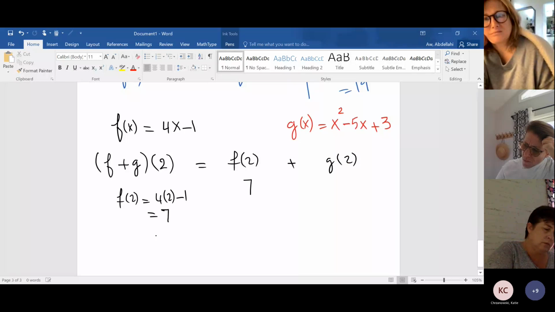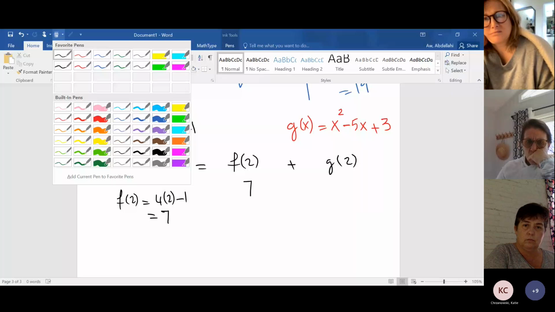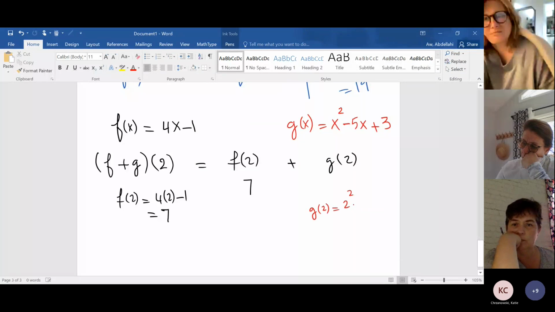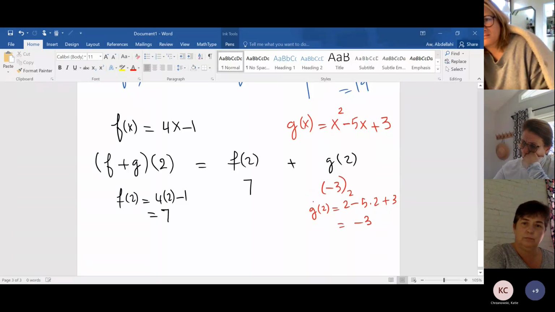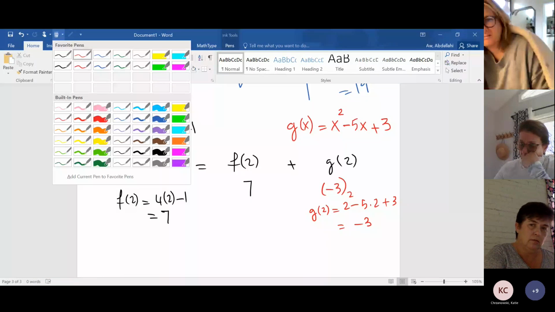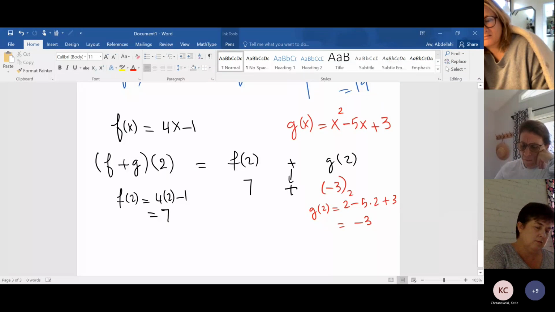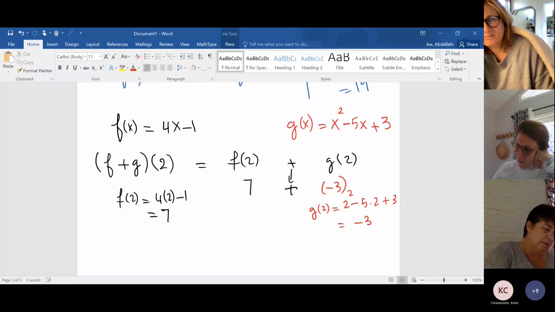On the other hand, you're going to do g of 2, which is 2 squared minus 5 times 2 plus 3, which is 4 minus 10, which is negative 6 plus 3, negative 3. What are you going to do to them? You're going to add them up. What is your final answer? 7 plus negative 3, which is positive 4.